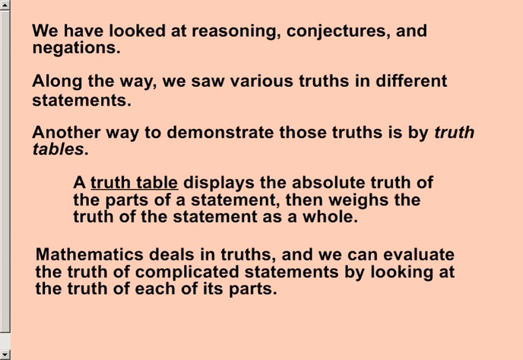Now, as you probably are well aware, mathematics deals in absolute truths. And what you're going to see as you go higher and higher into the mathematics is that we can evaluate the truth of complicated statements by looking at the truth of each of its parts.